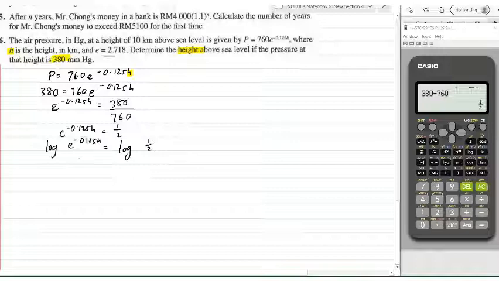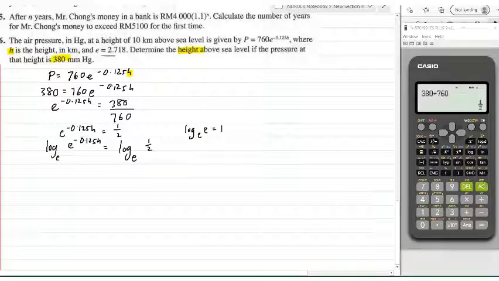It's no problem if we put base 10 also, but for this question, we already have the value e included in our solution. So it is better to use base e, because it is easier to solve, and log e of e is equal to 1.